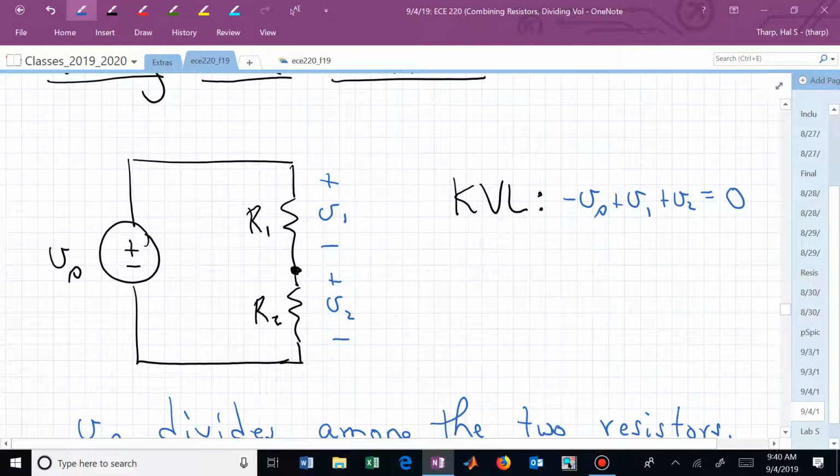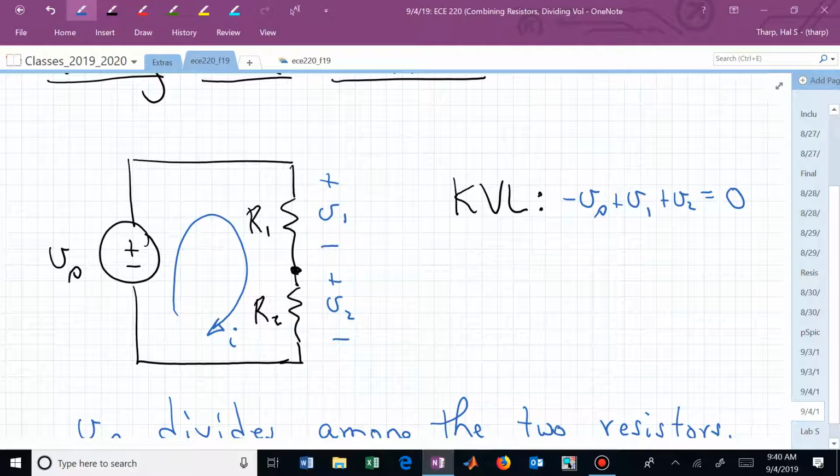Just going around that KVL. And that particular label could be the current I through each of those circuit elements. It's a series combination. The current I is the same through all three elements.